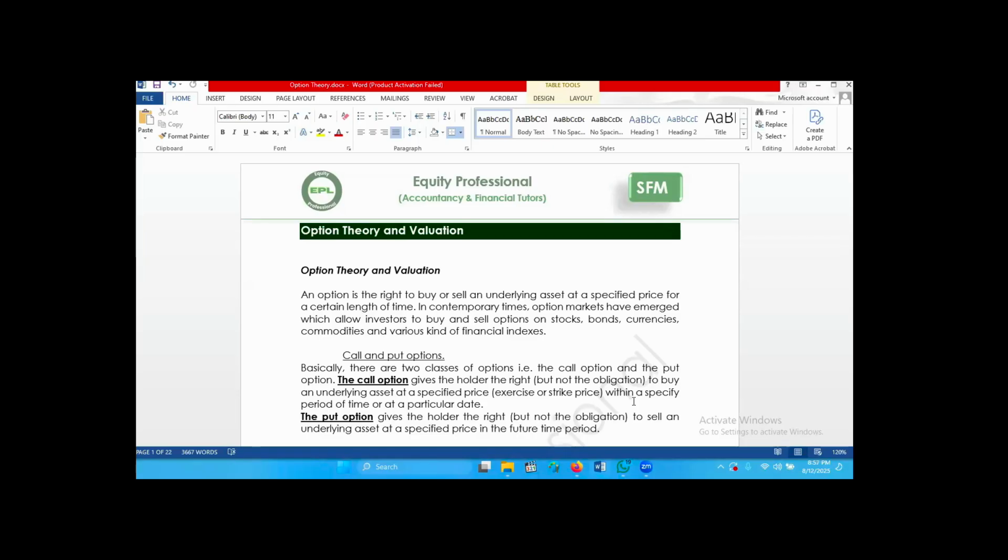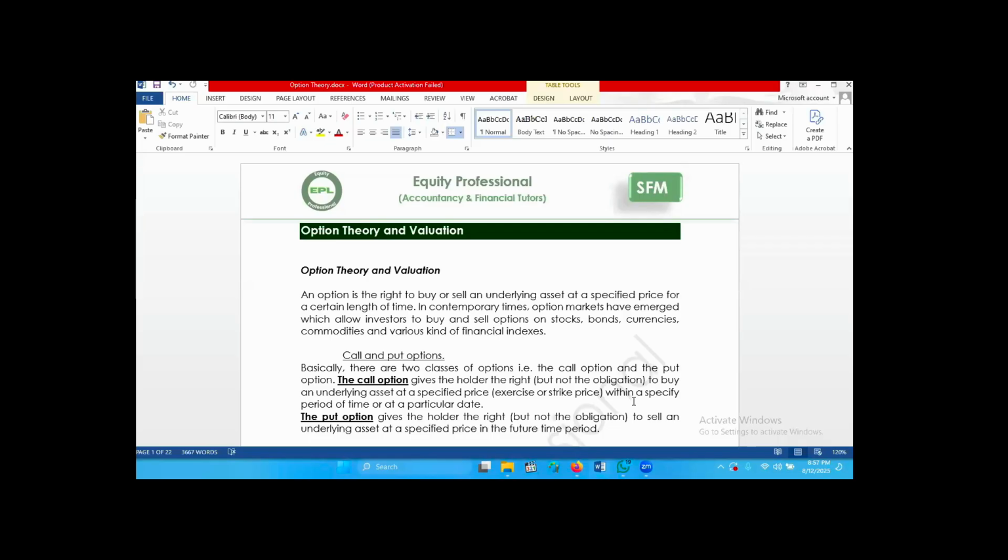The call option is the right to buy an asset at a pre-specified price. If you are talking of a call option, it gives the option holder the right to buy an asset at a specified price within a specified period of time or at a particular date.